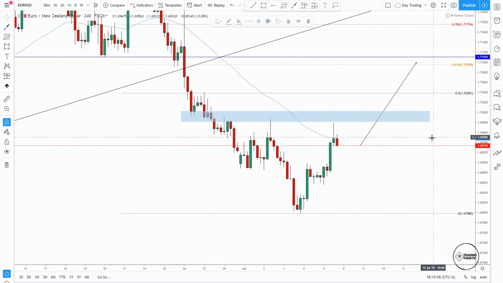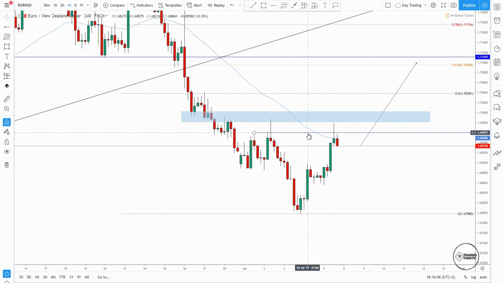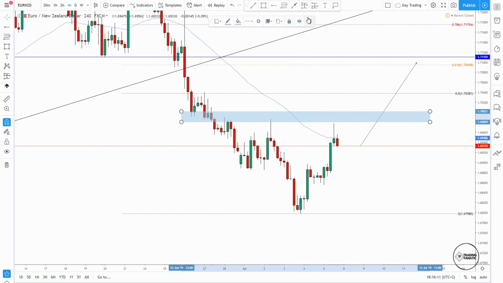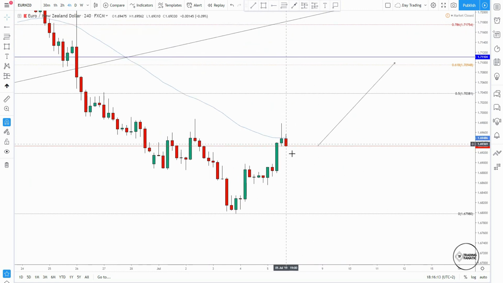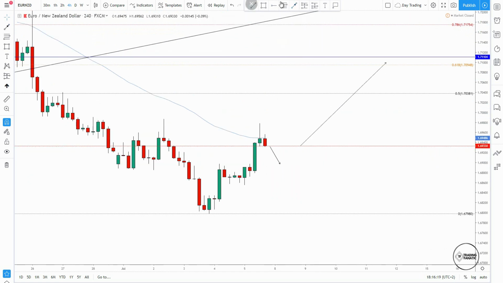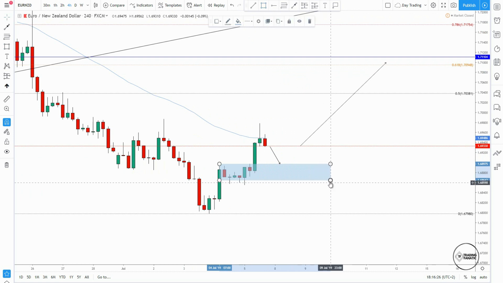It's not very clear, but here we have support, kind of retest, tap of the area. We can even draw it like this, doesn't matter. We just have to know that we're entering a resistance area, and as I see price with this pin bar right now, I would expect a slight pullback. We may even go long from here if price pullbacks in between this higher low area and finds support.